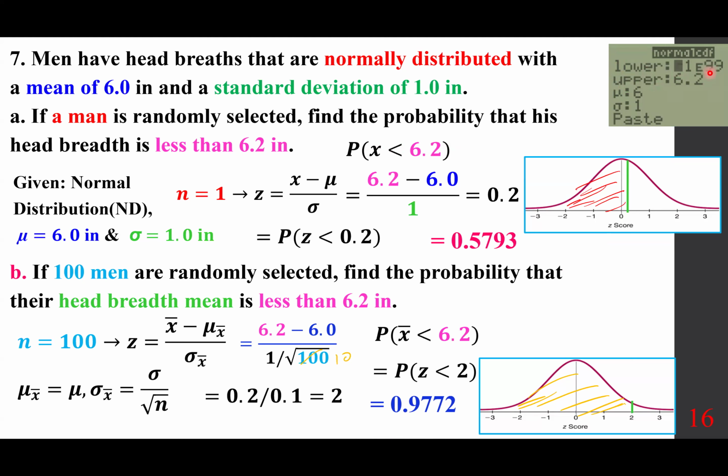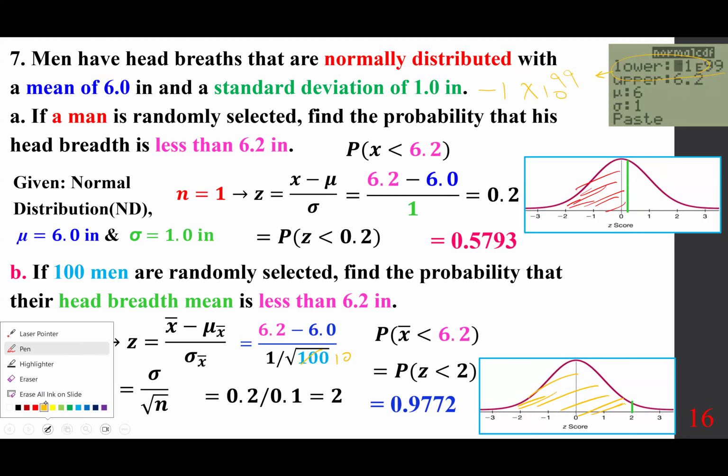That's what this means. It's a very small number. This is the scientific notation. Again, I'm going to write this. I want to make sure everybody gets the meaning of this. When you see that, it means -1 times 10 to the power of 99. And that means basically -1 with 99 zeros in front of it. So it's a very small number.